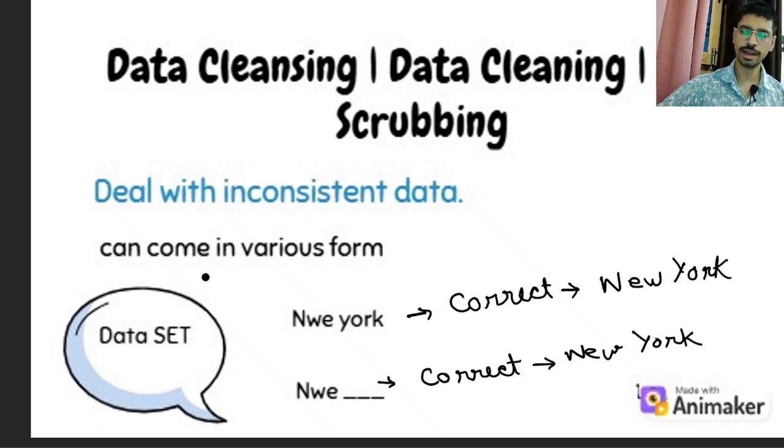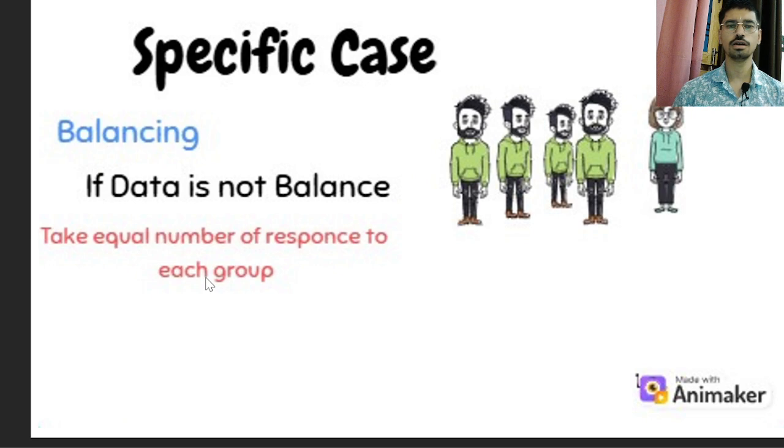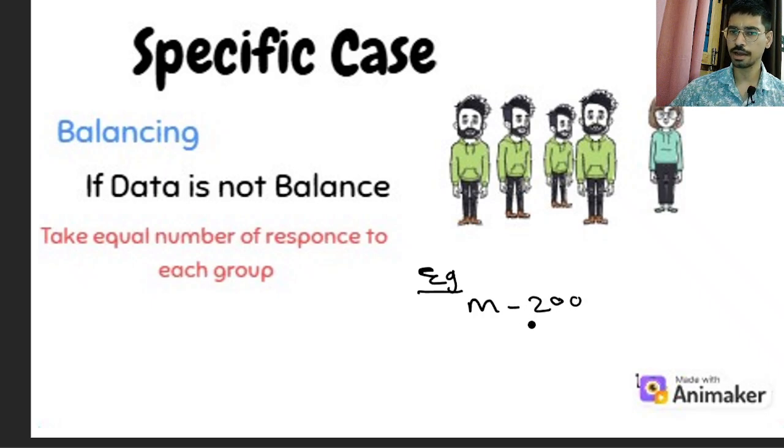Now let's move further and understand a specific case: balancing. If data is not balanced, for example, we have a data set of males, suppose 200, and females, suppose 5. We can say that in the male group there are 200 candidates and in the female group there are only 5, so that is an imbalance.